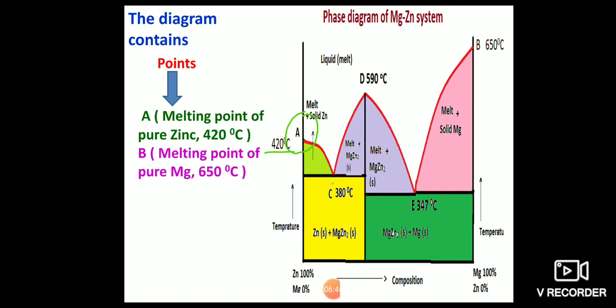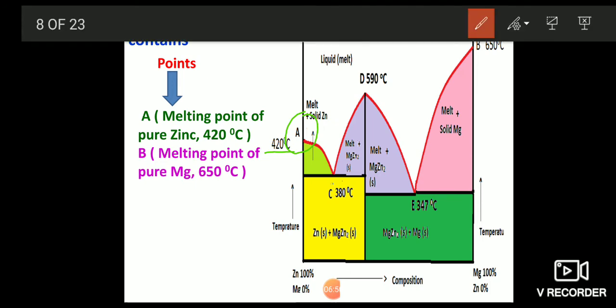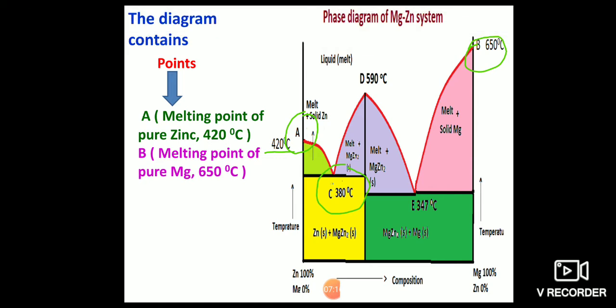Point B, melting point of pure magnesium 650 degrees Celsius. Next, point C, what is the corresponding temperature? 380 degrees Celsius. What it is called as eutectic point 1 or eutectic point C. That is C, eutectic point, where the temperature is 380 degrees Celsius.